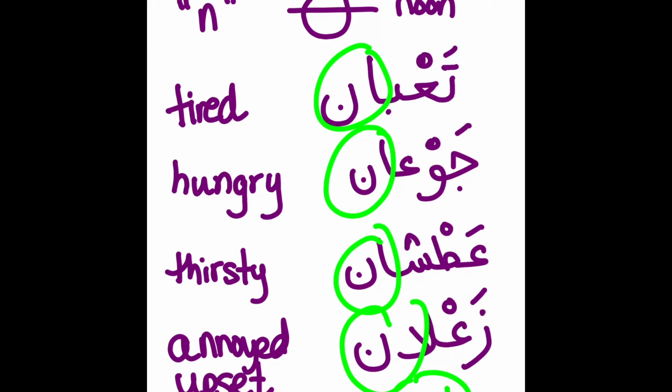Okay? Now, we've done other adjectives before that also follow a pattern. So we have done, for instance, what was the adjective that we did for big? كبير, and small? صغير. And how about strange? غريب. And we did far. بعيد.